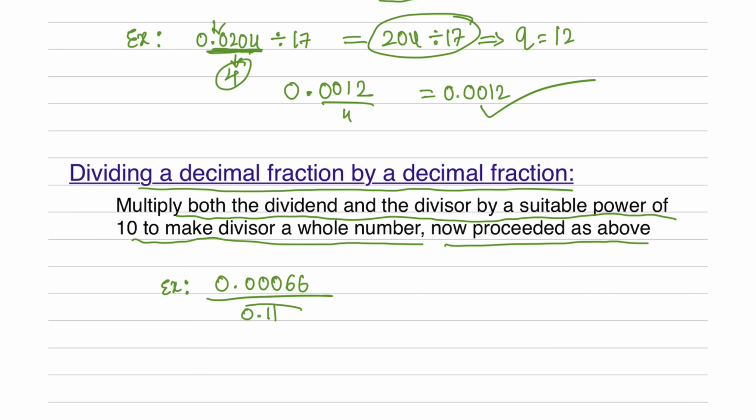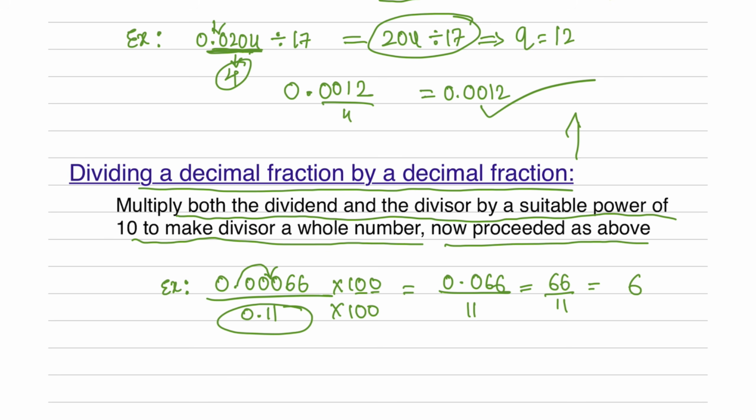So first you should make it a whole number. Means you can multiply by 100 to make it a whole number. The decimal place will shift after 2 digits, as here 2 zeros are there. So it is 0.066 divided by 11. Now we can do it as above. So it is 66 by 11.